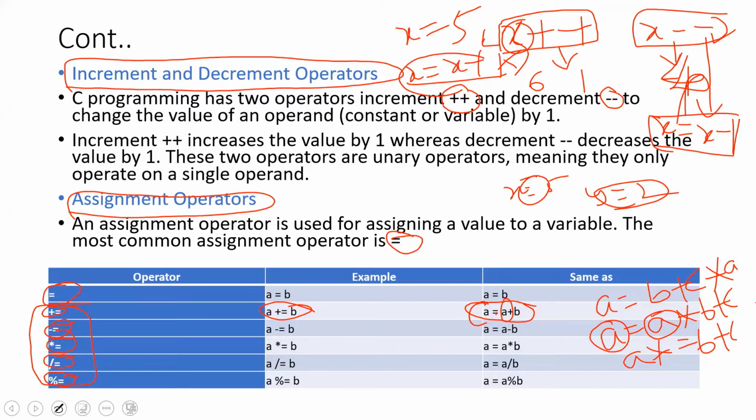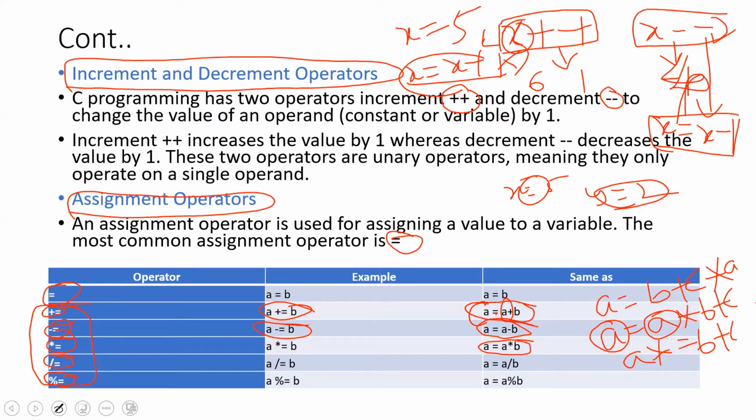So if I have a = a + b, then I can say a += b. Similarly for minus: if I have a = a - b, I can replace it with a -= b. Similarly for star: a = a * b becomes a *= b. Division and modulus also work.